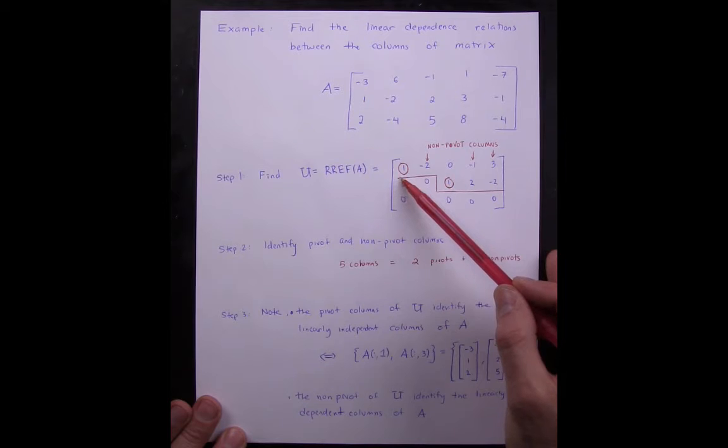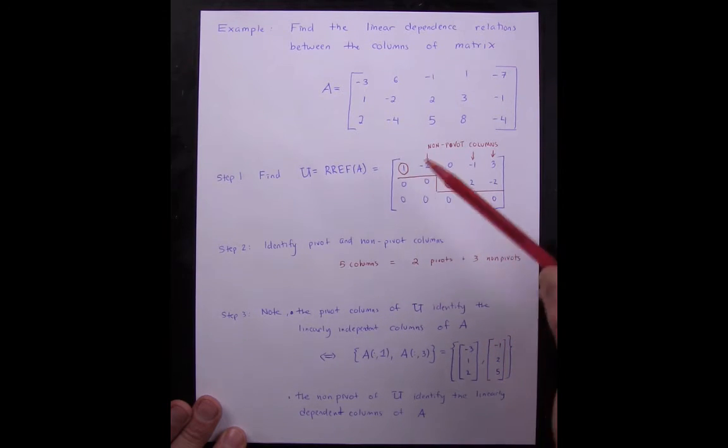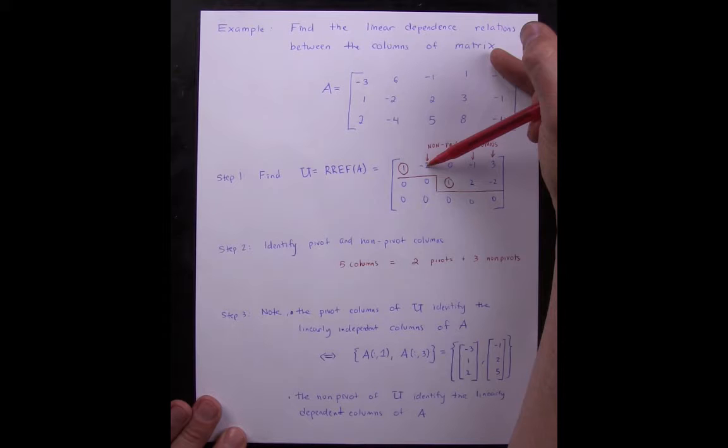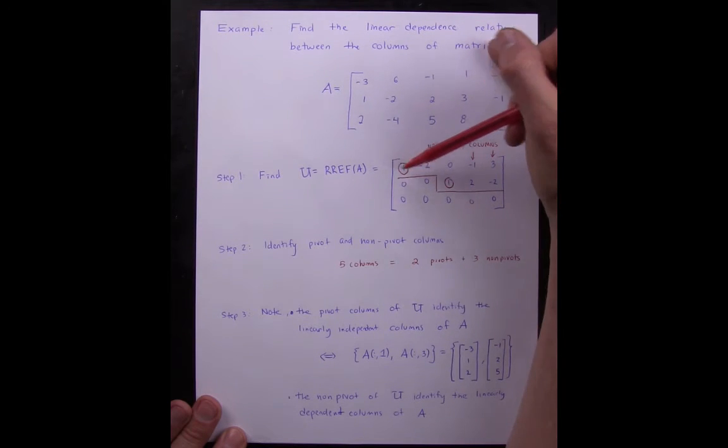When you have this elongated stair, what that indicates immediately is that each of the new columns is a linear combination of the columns before that.